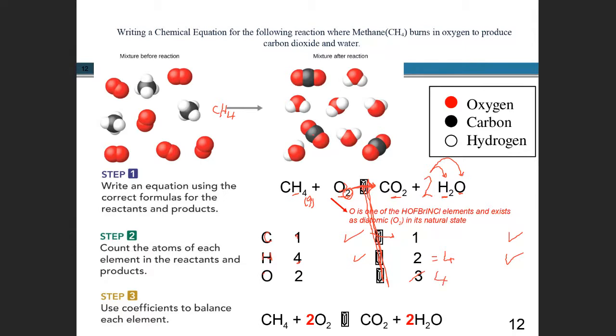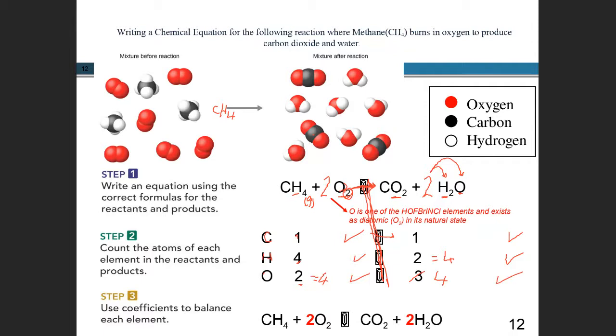Now the total number of atoms of oxygen on the product side is 4, and on the reactant side is 2 atoms of oxygen. So to balance it, I have to add a coefficient 2 here also. So now the number of atoms of oxygen will be 4 on this side and 4 on this side.